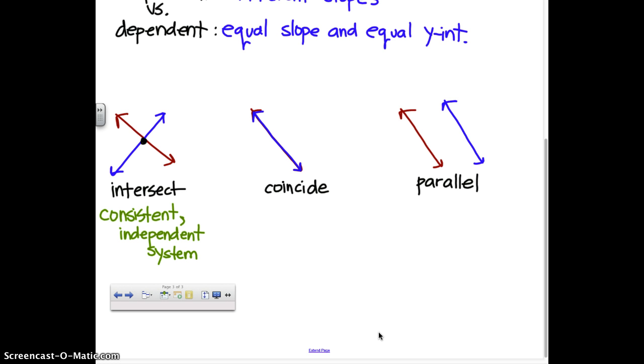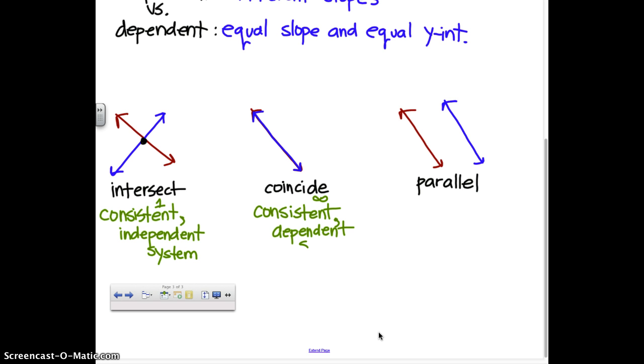Coinciding is also consistent because it has at least one solution. In fact, this has infinitely many solutions. The intersecting case is consistent because it has one solution. This is consistent because it has infinitely many. This, however, is dependent. The slope and y-intercept are the same because the lines are the same.